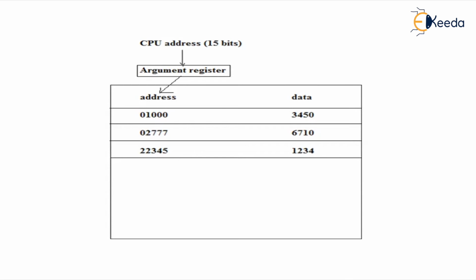Now the register contains the address and the data. The addresses are 01000, 02777, 22345, and the data being used for addressing is 3450, 6710 and 1230 simultaneously.